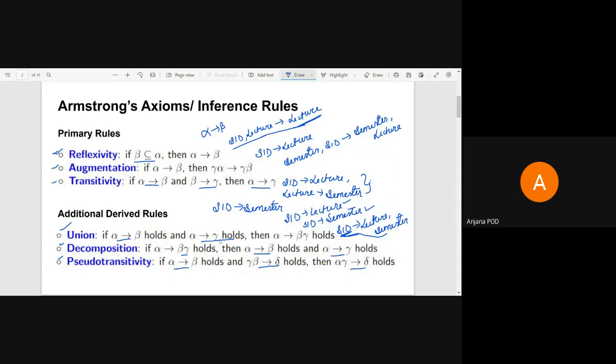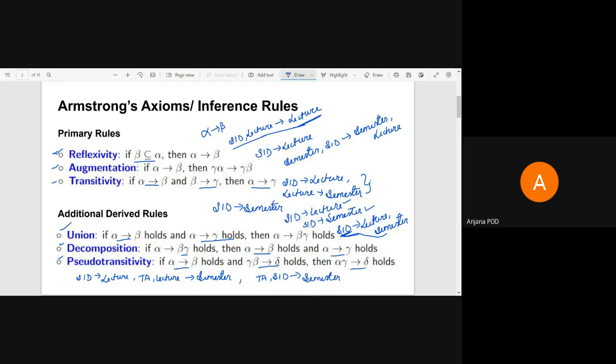Basically this would be, say, sid determines lecture and TA and lecture determines semester, right? Then we can say that TA and sid determines semester.